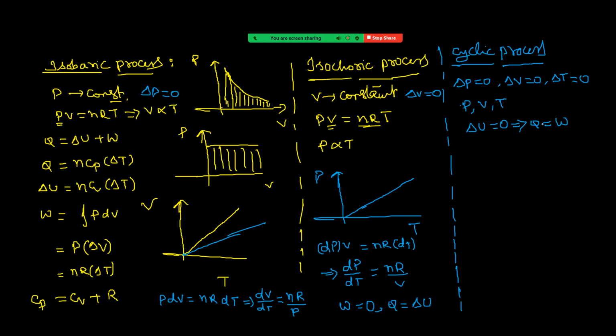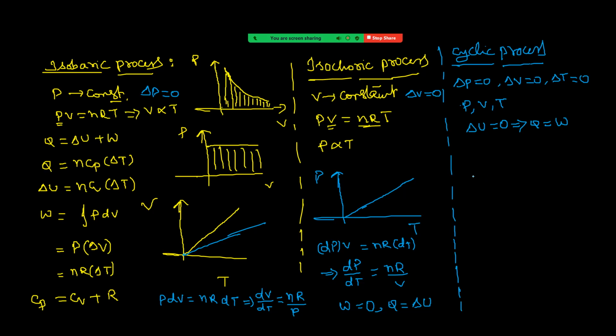Q equal to W means delta U 0. Delta U 0 means delta T 0. Delta T 0 means having two possibilities. Initial value, final value both are same, that is one possibility. Second possibility, constant temperature. So you should be very careful while having conceptual questions.